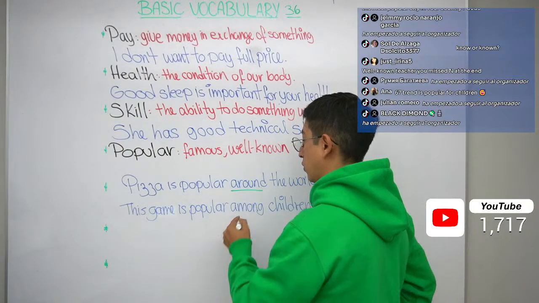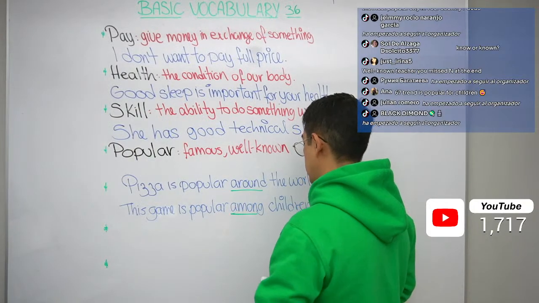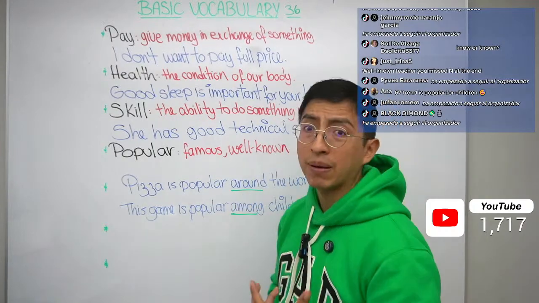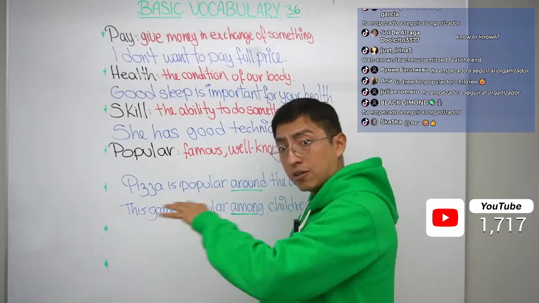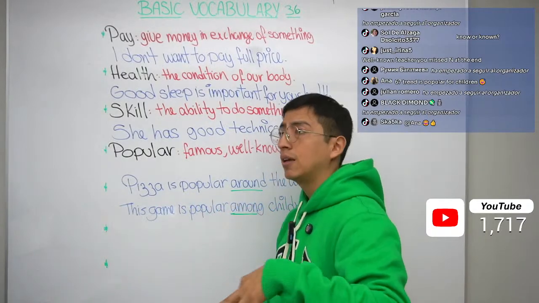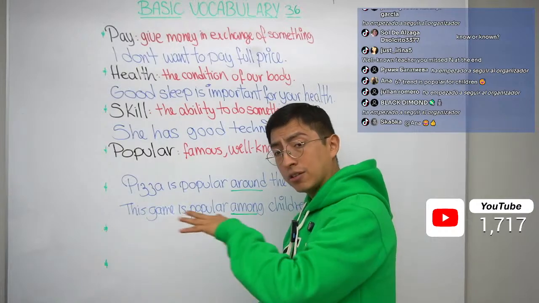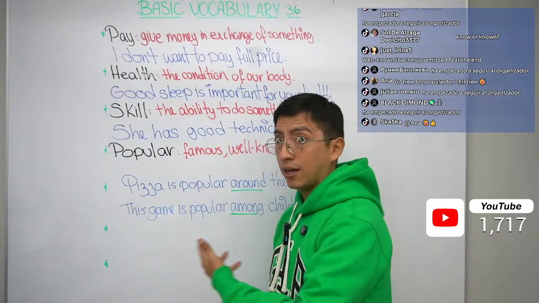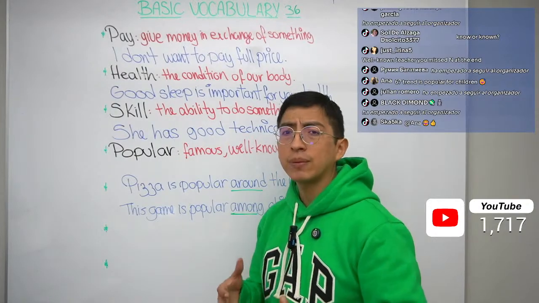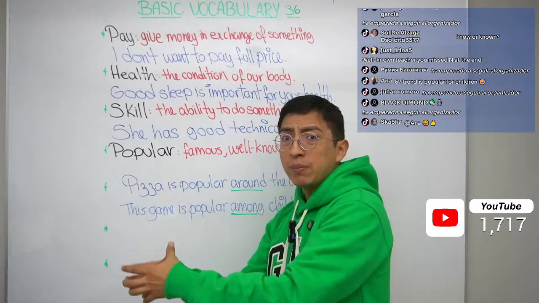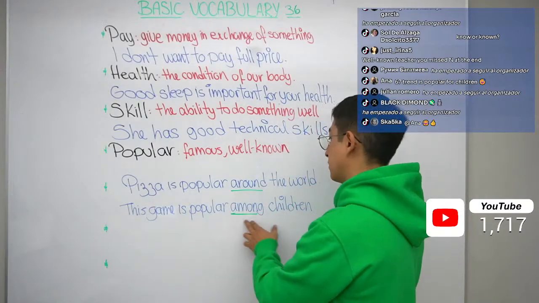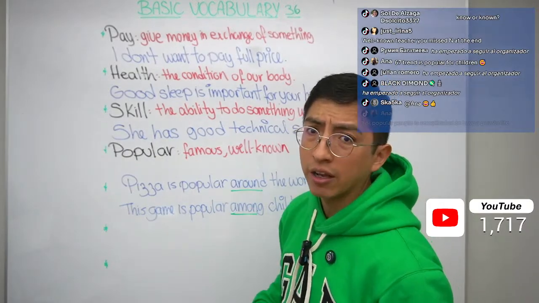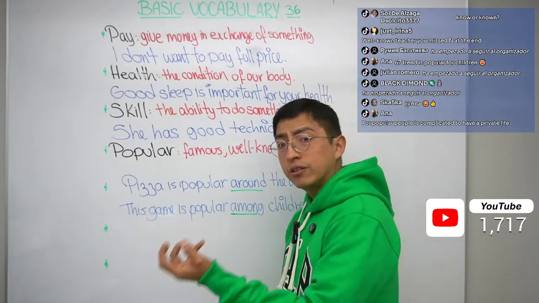Among children. If you're talking about a place, you're talking around. Around the city, around the town, around the country, around the world. Yes, because you're talking about a place. But if you're talking about a specific group of people, we can say among. Among children. It means like every child wants to have this game.